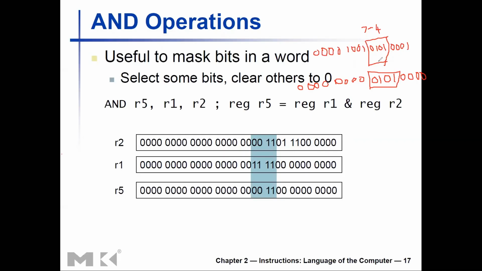To get this behavior done, what you can use is the AND operation. So this is our target: you need to mask out these 4 bits and put the result into another register. This is our register R2, and we need to take the value of R2, extract these 4 bits, and put them in the R5 register.